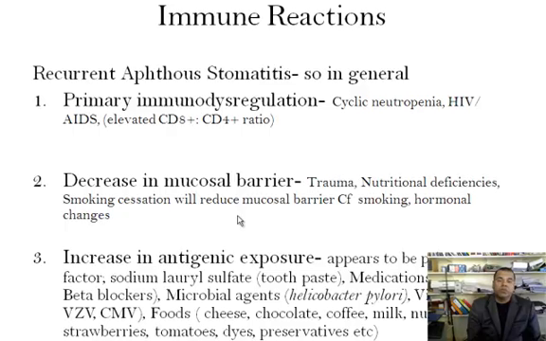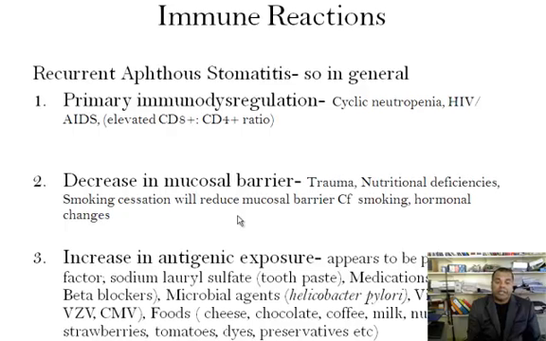In general, there's a primary immunodysregulation with cyclic neutropenia and HIV, which show elevated CD8 to CD4 ratio, and a decrease in mucosal barrier. So trauma, nutritional deficiencies, and smoking cessation will reduce the mucosal barrier and therefore make people more prone to getting these types of ulcers.